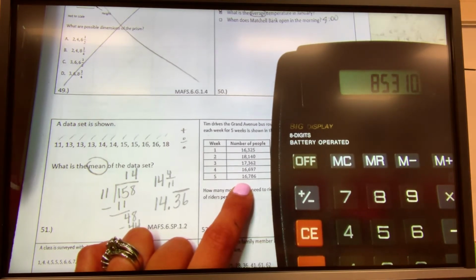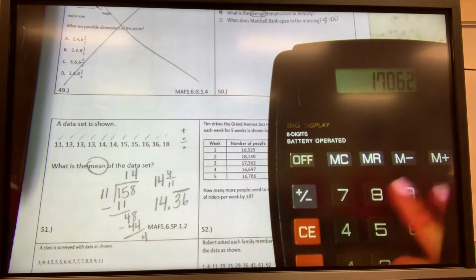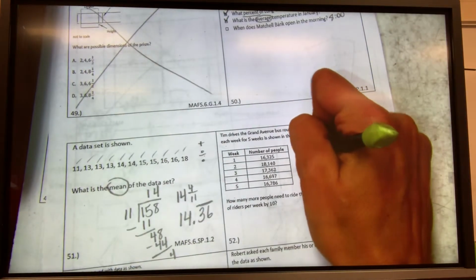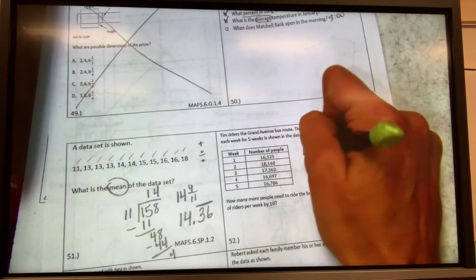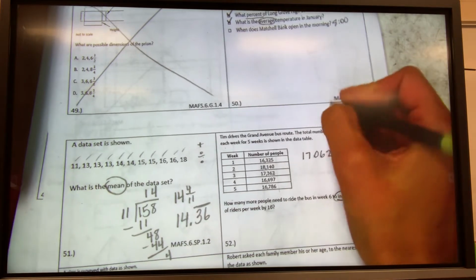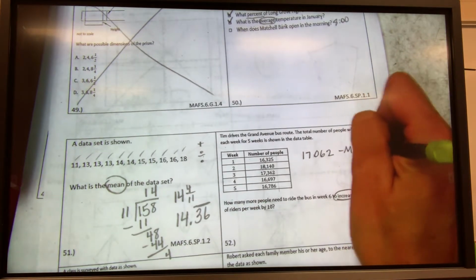Now we divide by 5, and that gives me my current mean of 17,062. 17,062 is our current mean.